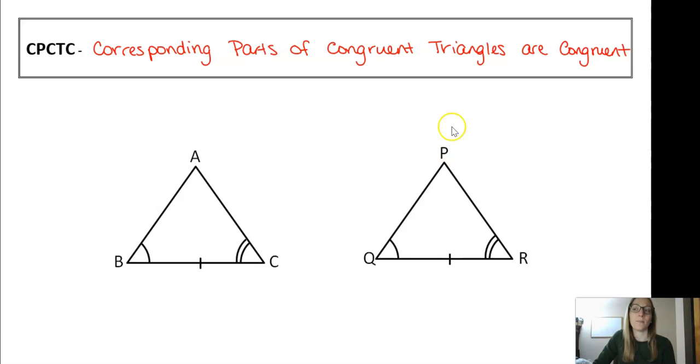You can say the same thing for segment AB and PQ. AB right now is not marked congruent to PQ, but we could prove that using CPCTC. Corresponding parts of congruent triangles are congruent.